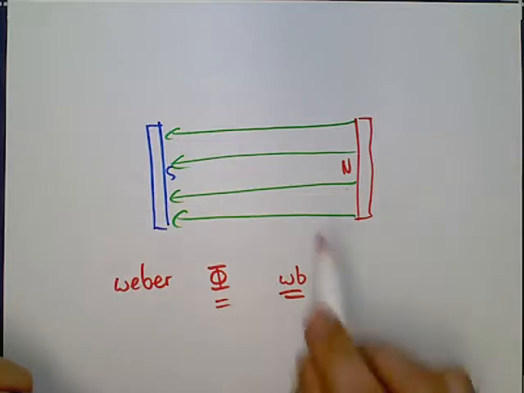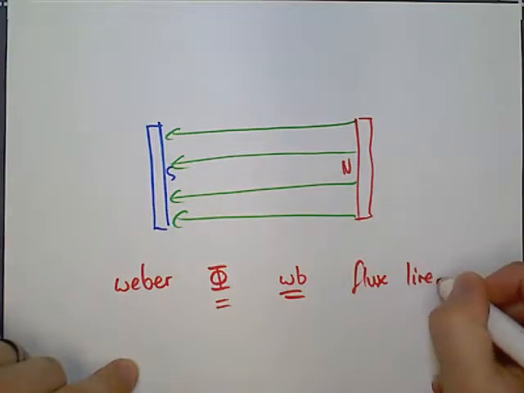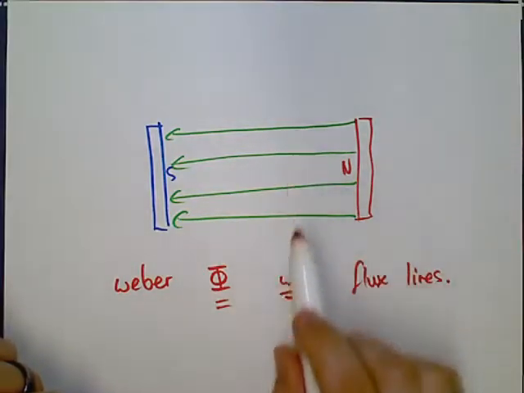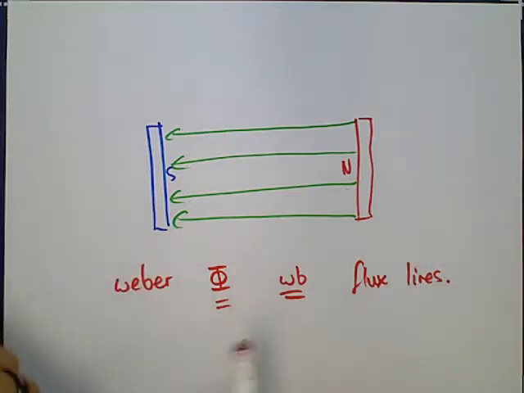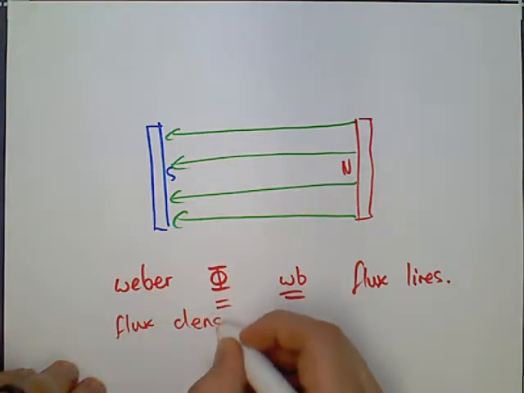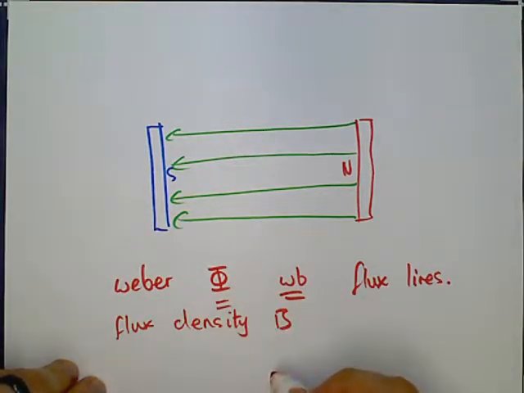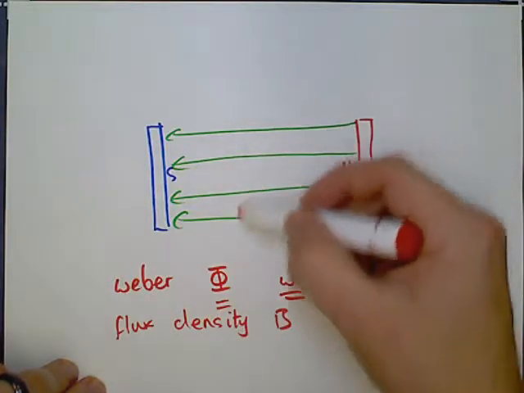Now, these Webers, or flux lines as we call them, are effectively what's responsible for magnetic interactions. And there's an equation that puts this together with another term, which is called flux density, represented by the letter B in equations. B is the flux density, the amount of flux that you have in a certain area.